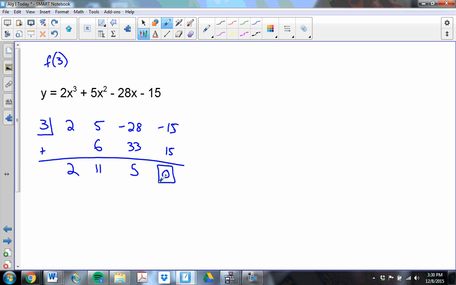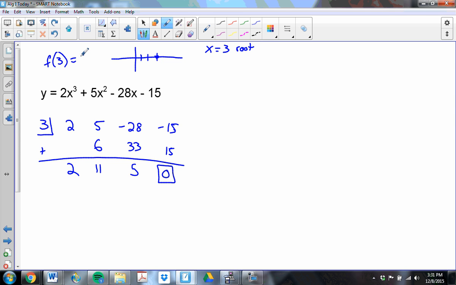Well, if you think about that in terms of its graph, this is a cubic polynomial, so it's going to have some x-intercepts and a y-intercept, and 3 is one of those x-intercepts. x equals 3 is a root of this equation, because I plug in a 3, I get out a 0.